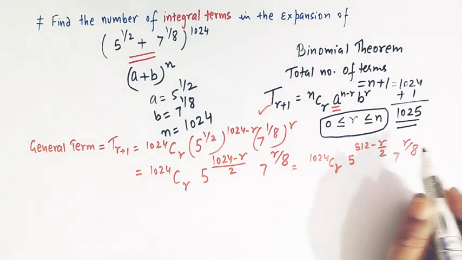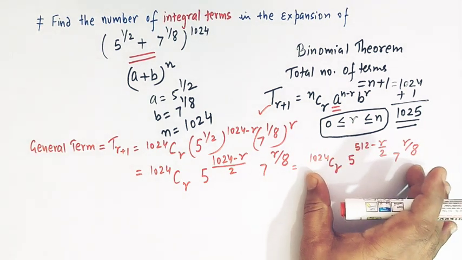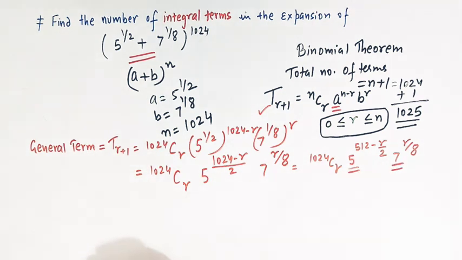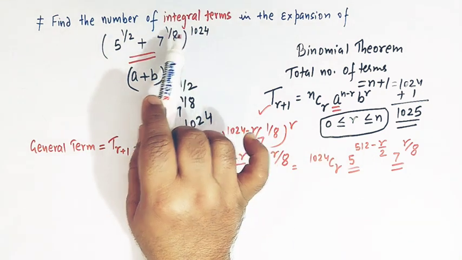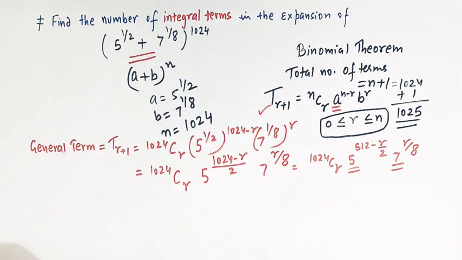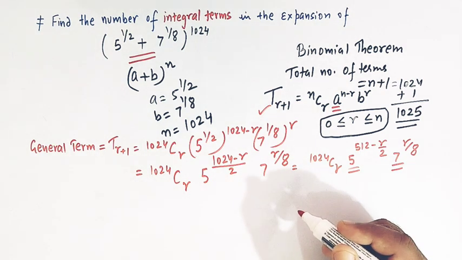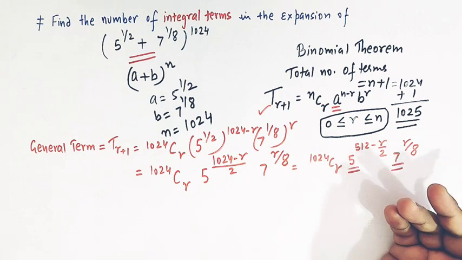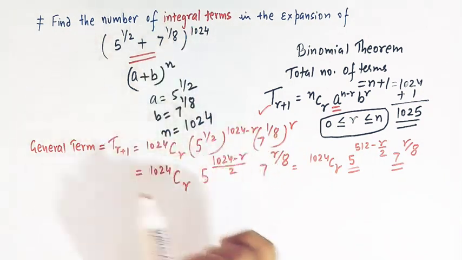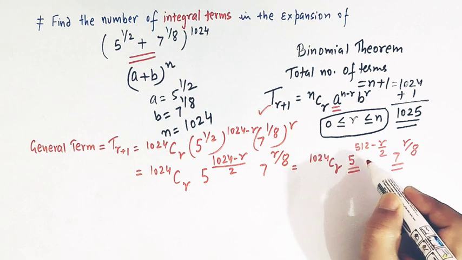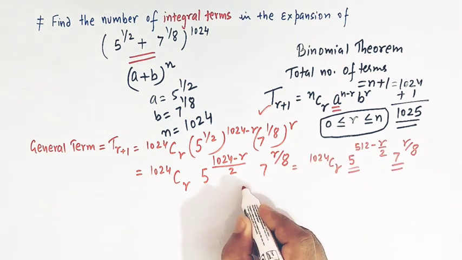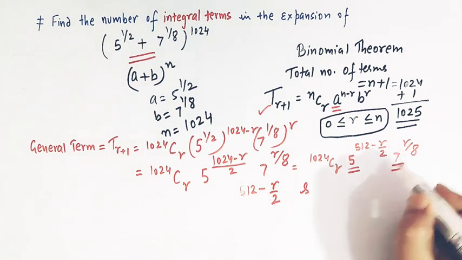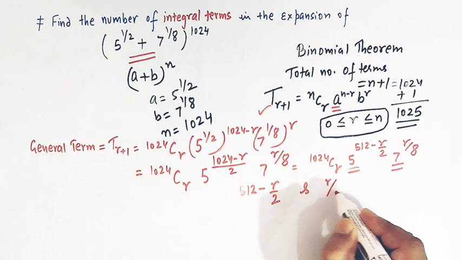Viewers, once we have obtained this expression for the general term, let us focus on these two terms. Here we require the integral terms, which means we must have integers, either positive or negative. For getting the integral terms, the exponent of 5 is 512 minus r over 2, and the exponent of 7 is r over 8.